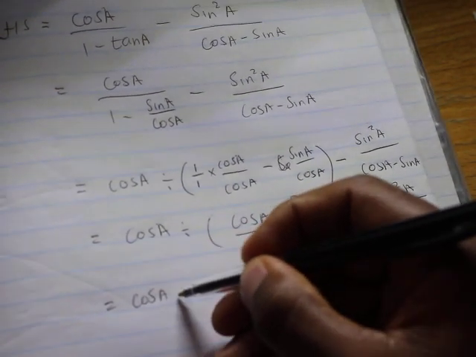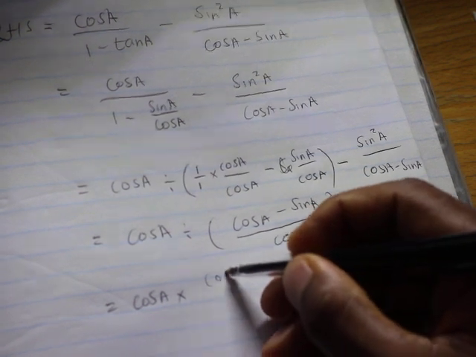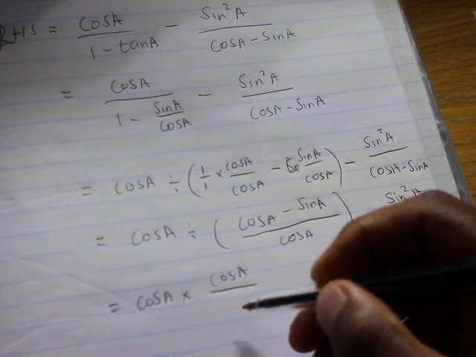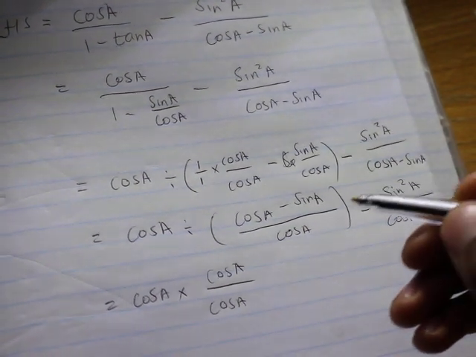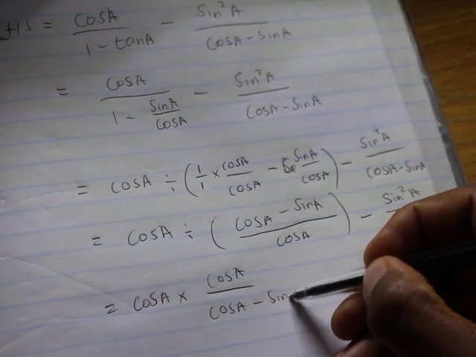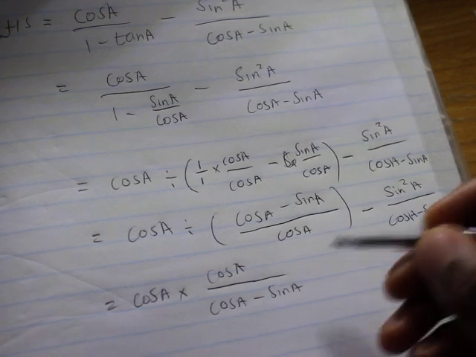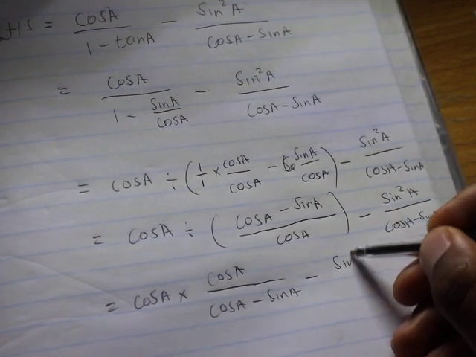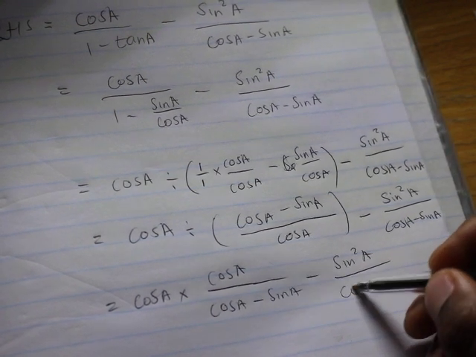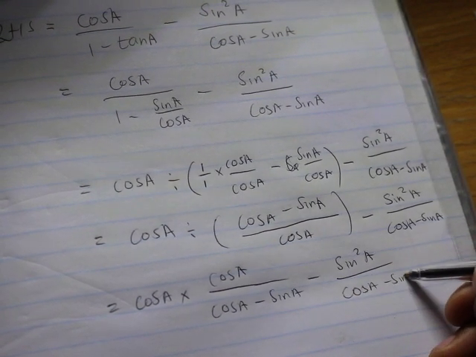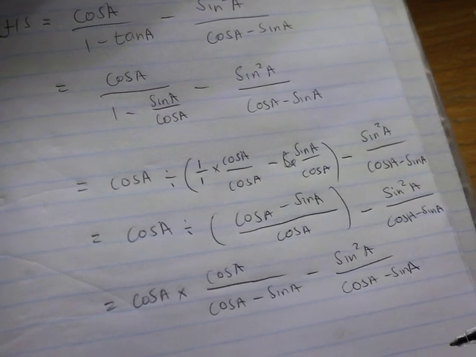So the cosine of A times cosine of A divided by cosine of A minus the sine of A, minus sine squared A all over cos A minus sine A.